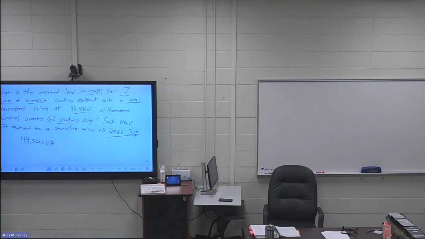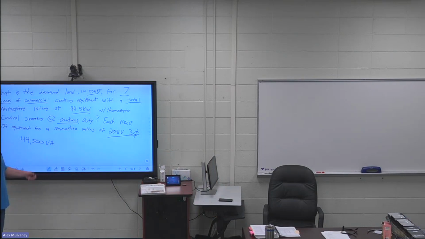So what does the demand factor mean? What it's saying is this kitchen has 7 pieces of commercial cooking equipment. And yes, we're saying that it's continuous duty. But what a demand factor does is, because I have 7, anybody worked in a kitchen before? Imagine what it's like. Do you think they ever have all their ovens and everything turned on at the same time, every single minute of every single day? No, they don't.